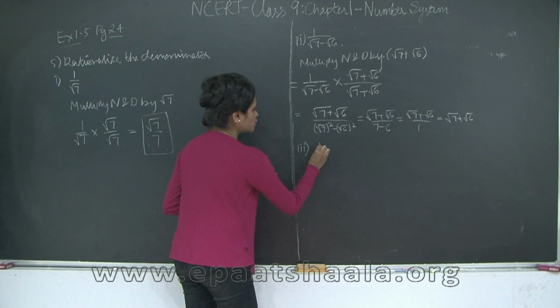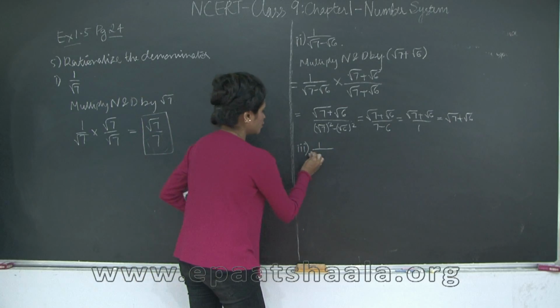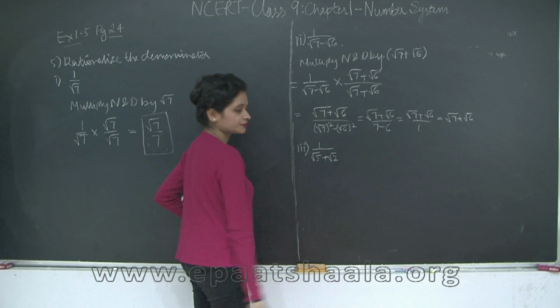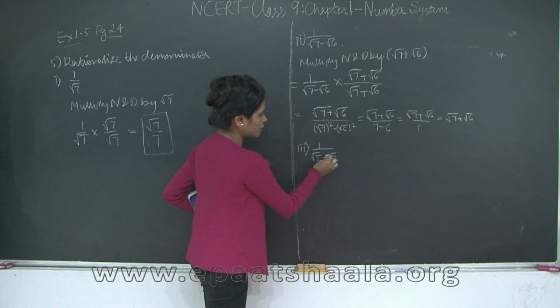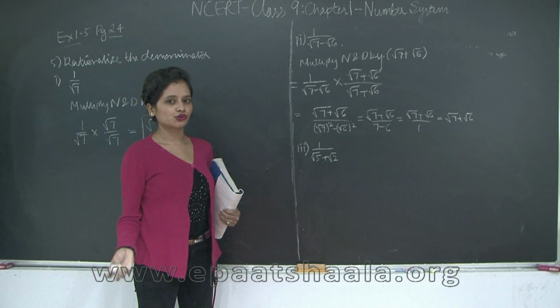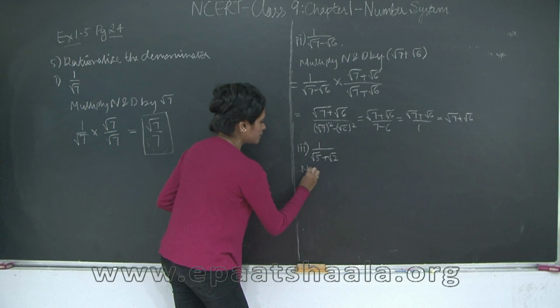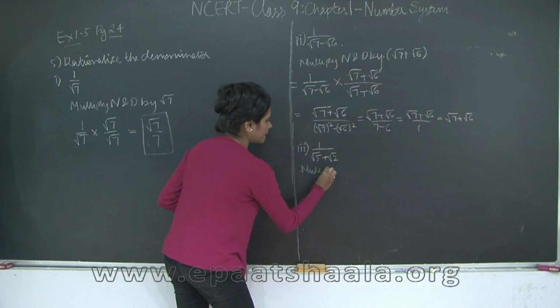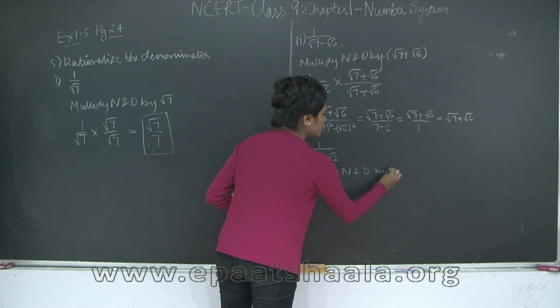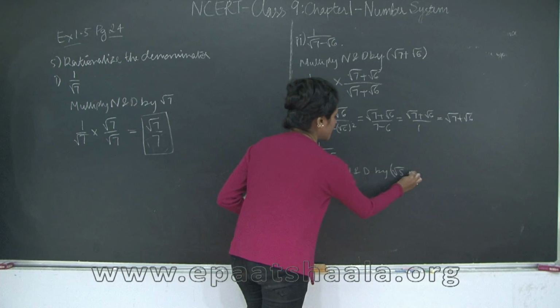You need to rationalize 1 upon root of 5 plus root of 2. So now the rational factor of root of 5 plus root of 2 is what? Root of 5 minus root of 2. So I am going to multiply numerator and denominator by root of 5 minus root of 2.